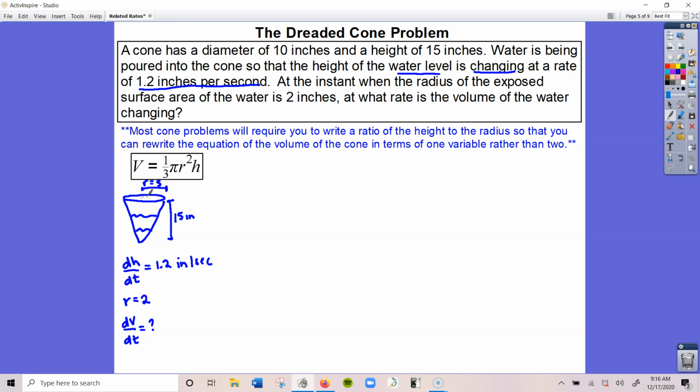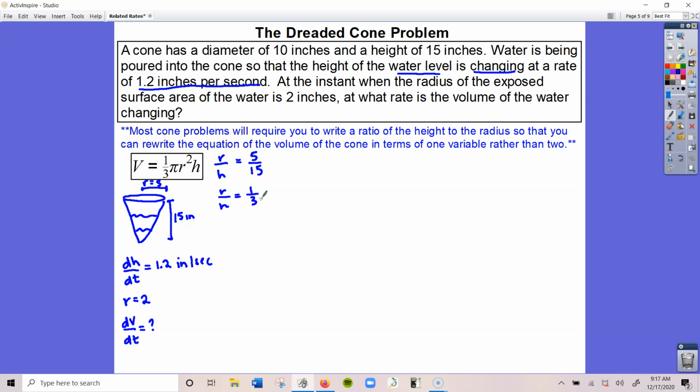So this is what I mean. For the entire cone, when the radius is 5, the height is 15. So the ratio for the radius to the height is 1/3.